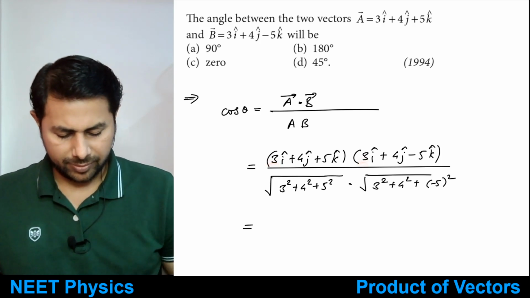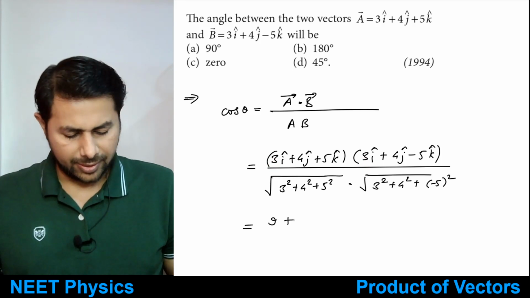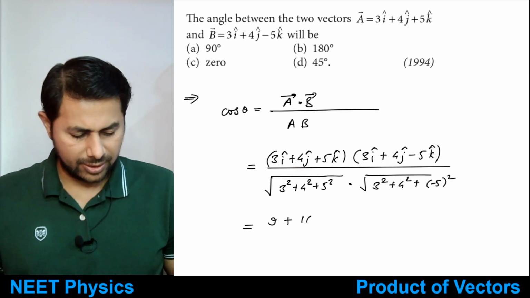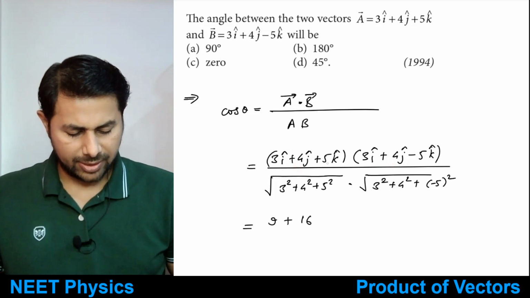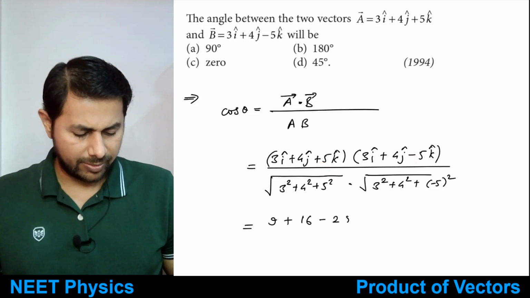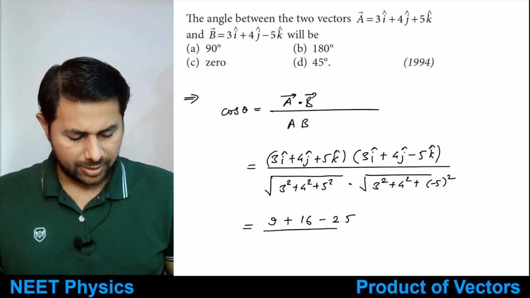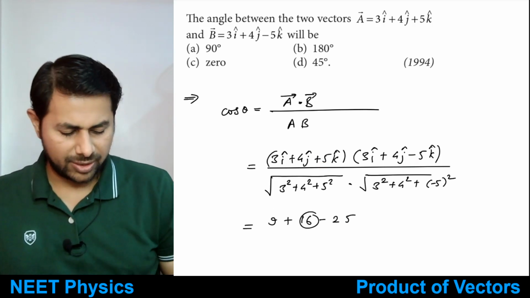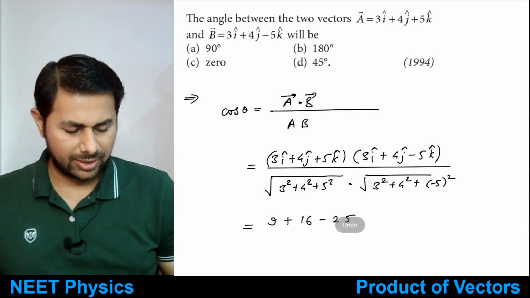ax bx is 3 times 3, that is 9, plus ay by is 4 times 4, so that is 16, and az bz is 5 times minus 5, so that is minus 25, divided by something. Because 16 plus 9 is 25, minus 25, so that is equal to 0.